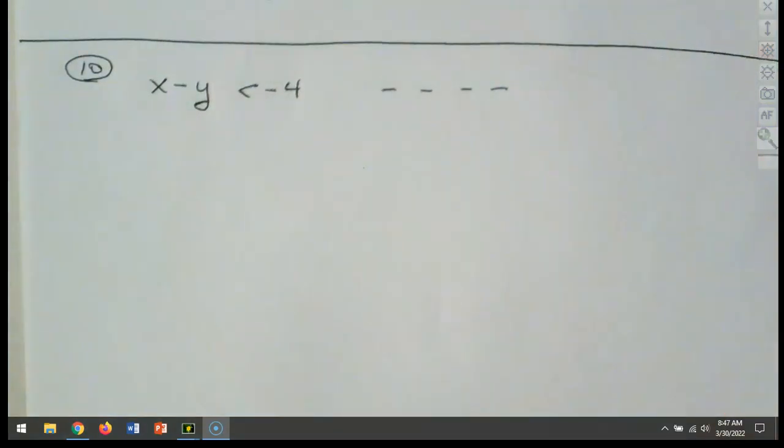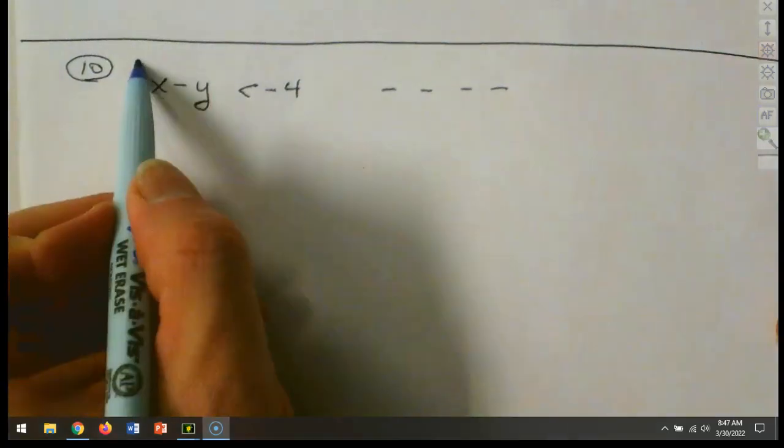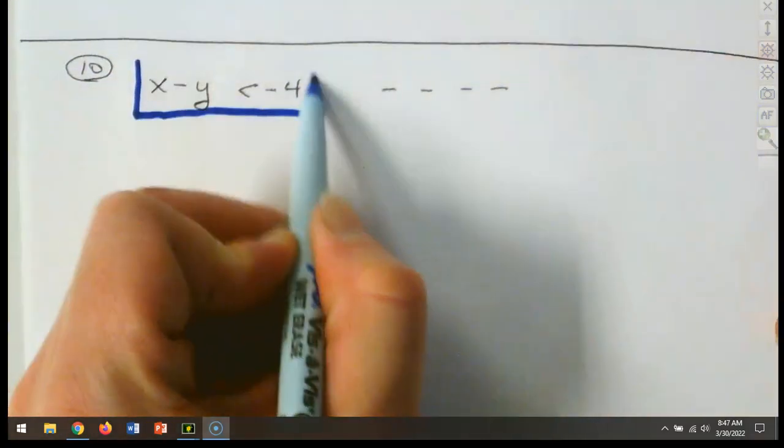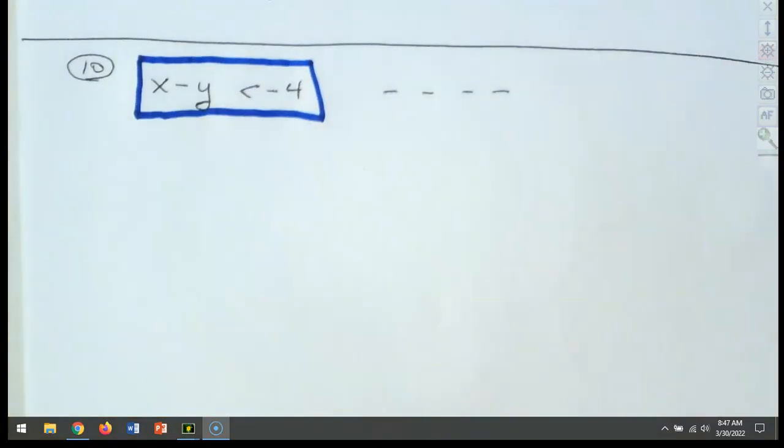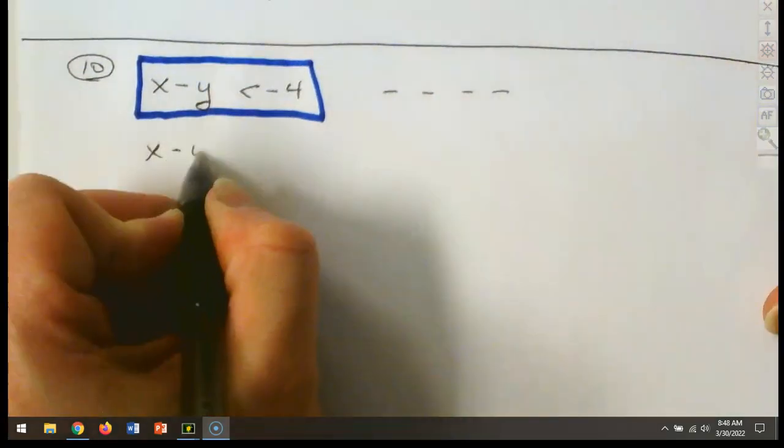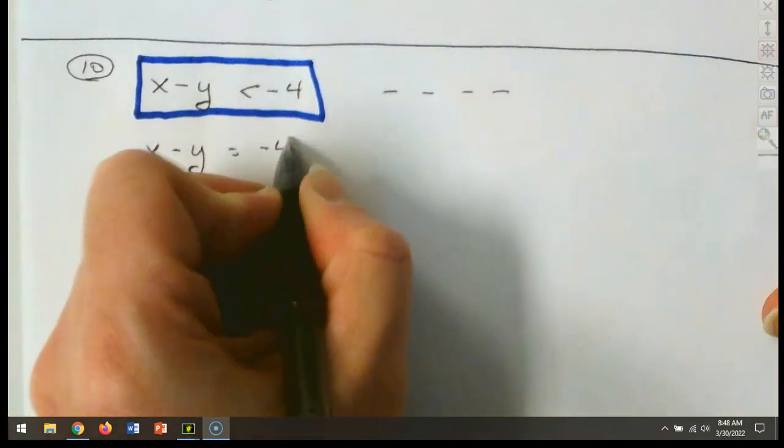I always like to box the inequality so I know where it is and don't lose track of things, because we're going to be checking probably 0, 0 in there. If 0, 0 is on the line, you'll pick a different point. But in this case, it won't be on the line. And we simply replace that with an equal sign.